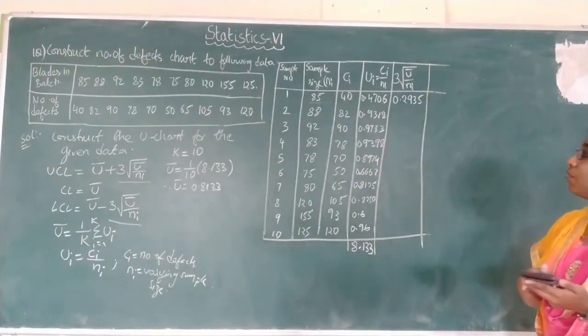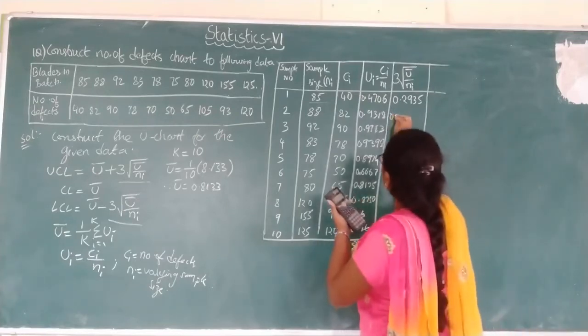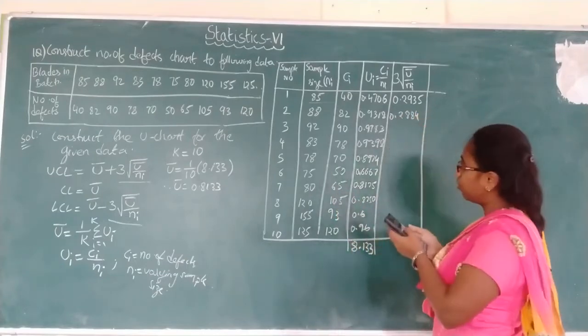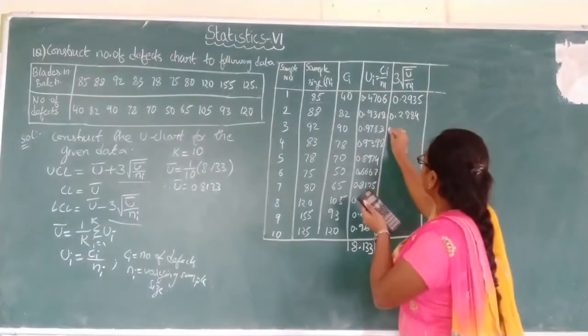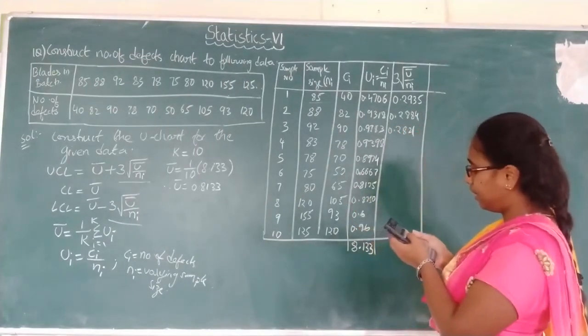Instead of 85, write 88. The next value is 0.2884. Now instead of 88, substitute 92. You will get 0.281.